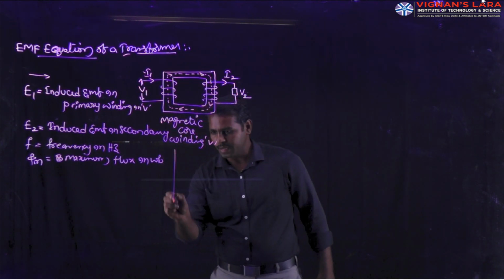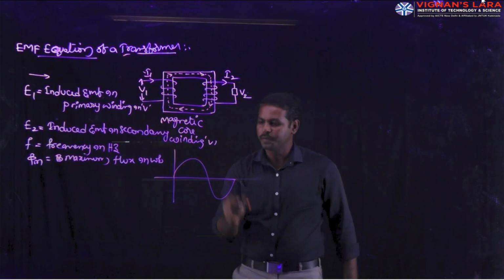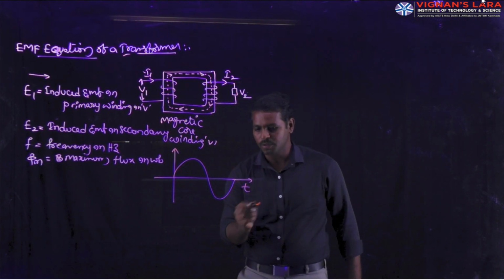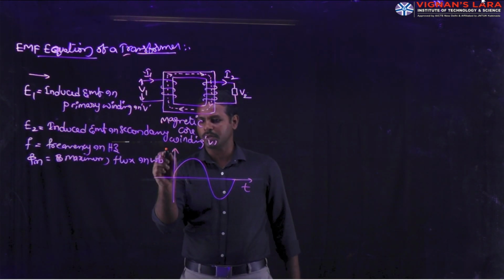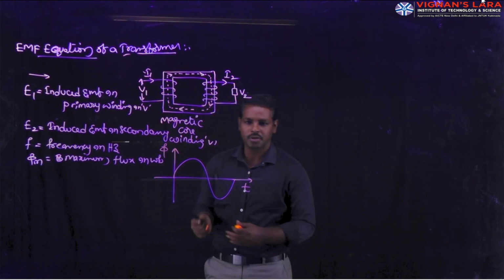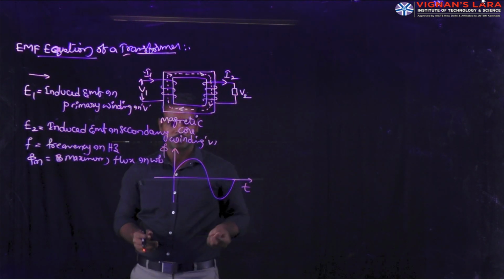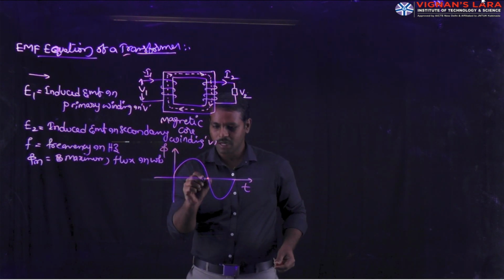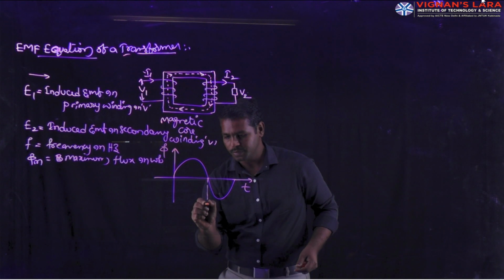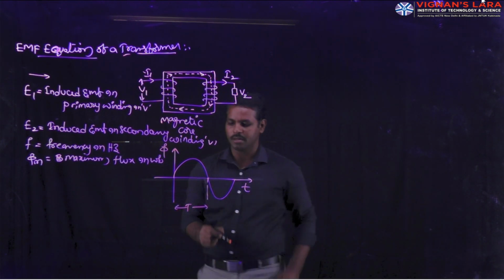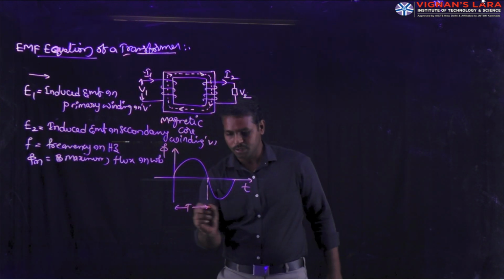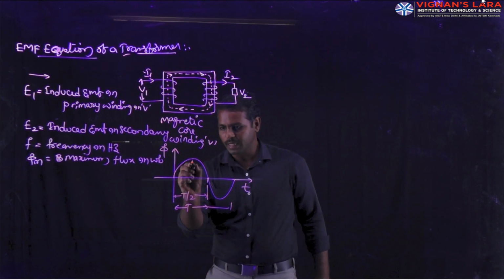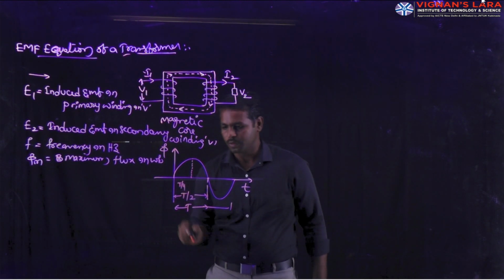When we give positive as well as negative supply, if we draw the characteristics between flux versus time, then considering a half cycle, the time period of the full cycle is T, half of the cycle is T divided by 2, and a quarter of the cycle is T divided by 4.